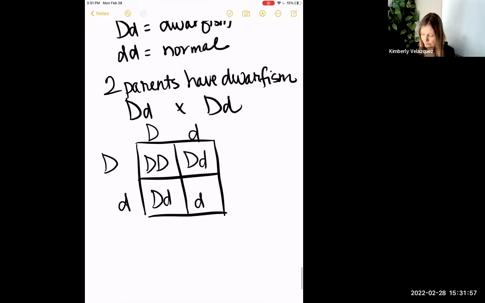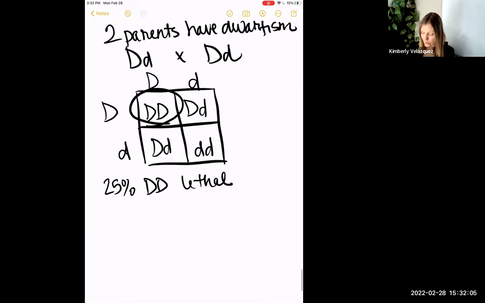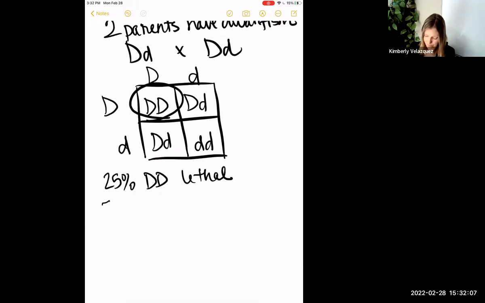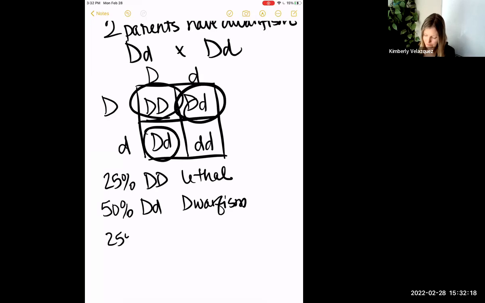This is what our cross looks like. So remember, each square is 25%. So 25% of the crosses are going to be lethal. 50% are these two, dwarfism. But here's what's crazy, 25% little d, normal.